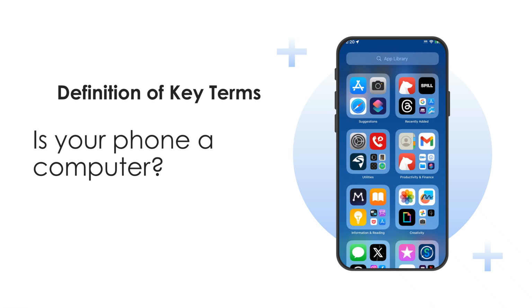Now back to the smartphone question from earlier. Is a smartphone a computer? Walk through it. Does it accept input? Yes: your touch, your voice input. Does it process that input using software? Yes, it does.